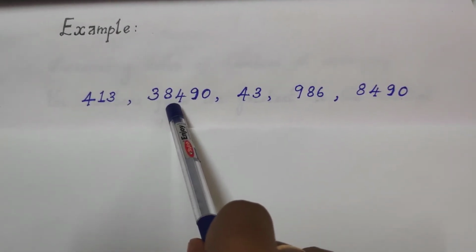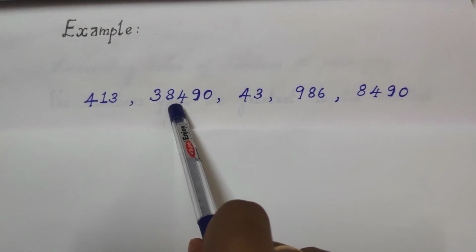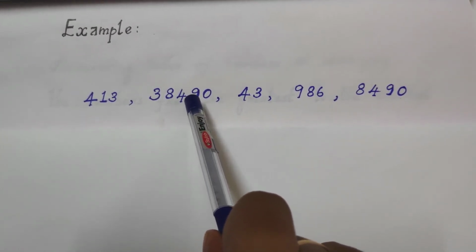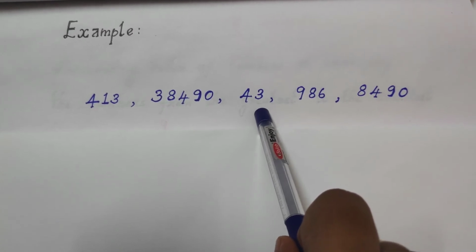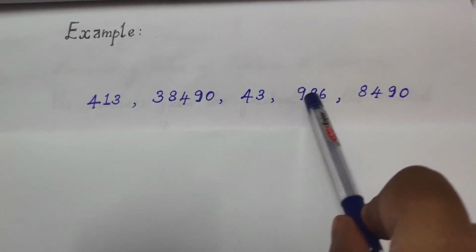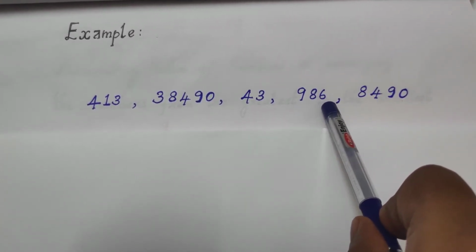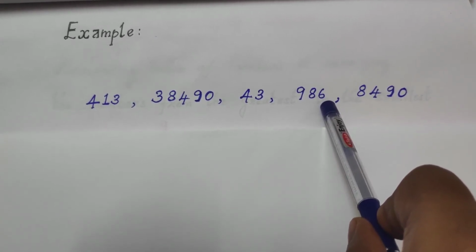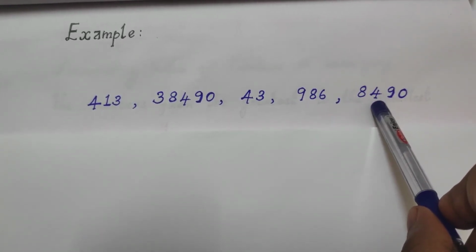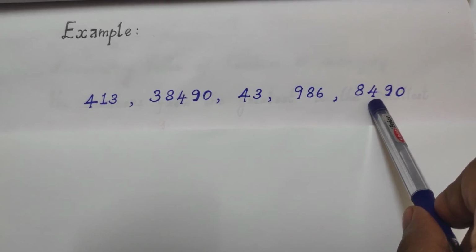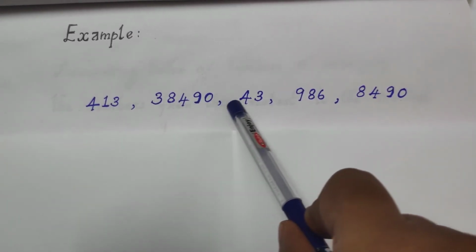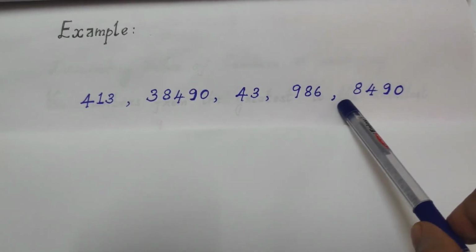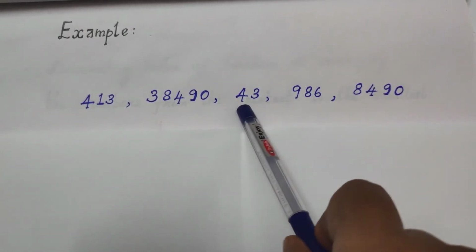The next number 38,490 has 5 digits. 43 has 2 digits. 986 has 3 digits. 8,490 has 4 digits. Here, the number which has least number of digits is the smallest number.